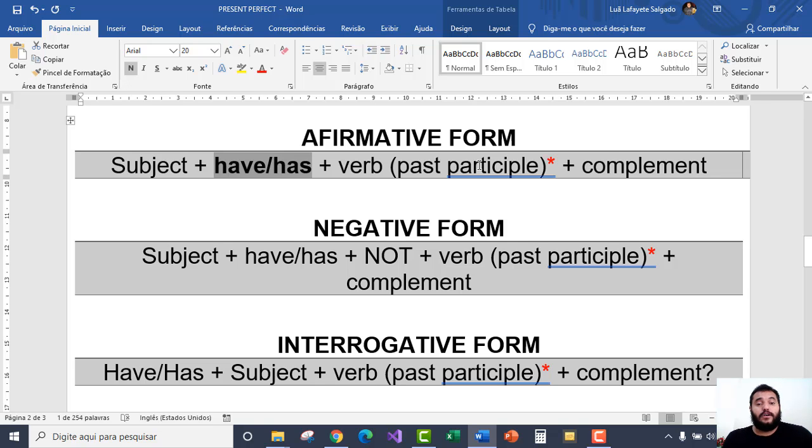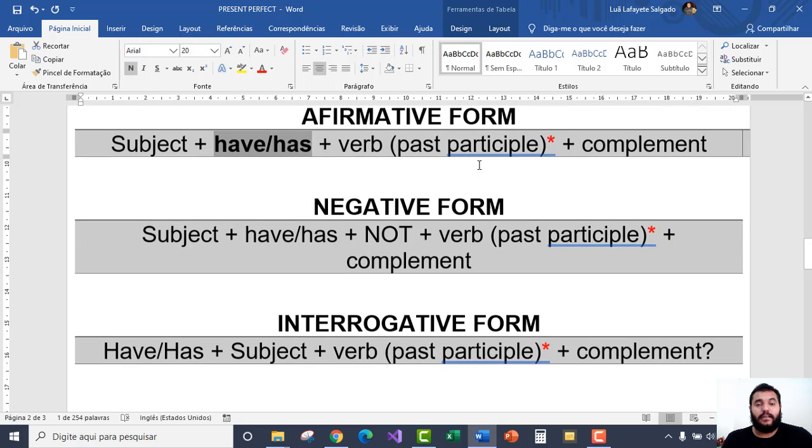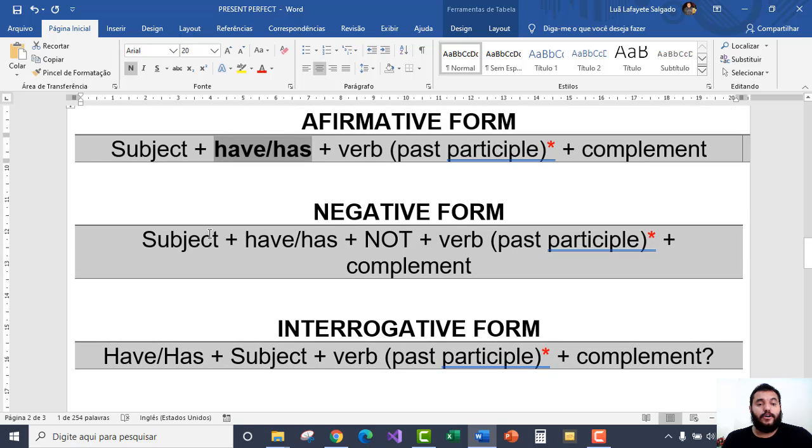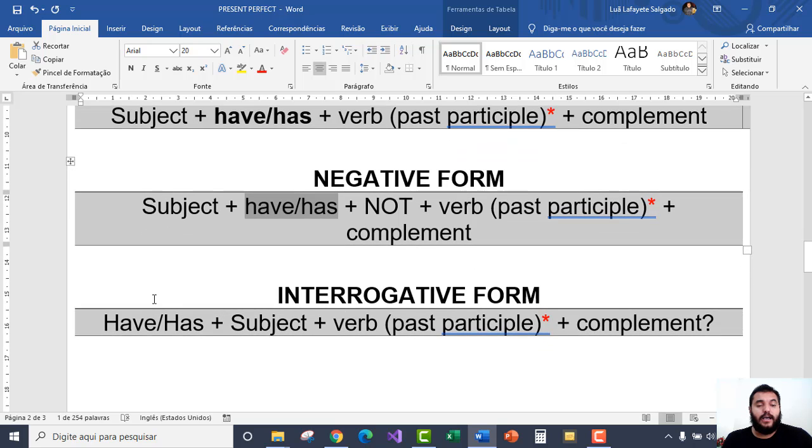Nice. In negative form, it is different. We have the subject, have and has, with the interaction with the subject. Don't forget this. Then we put the word not, the verb in past participle, and then the complement.